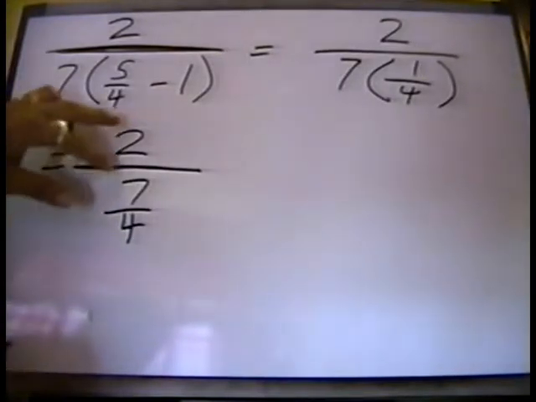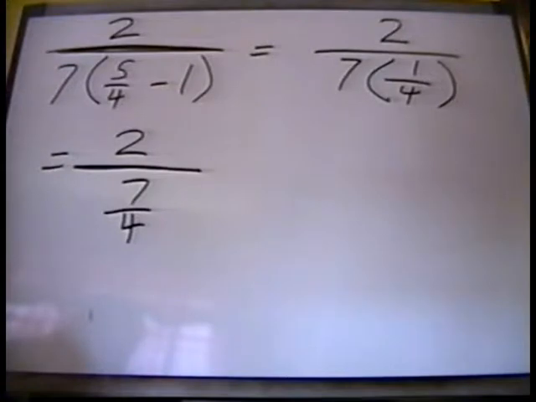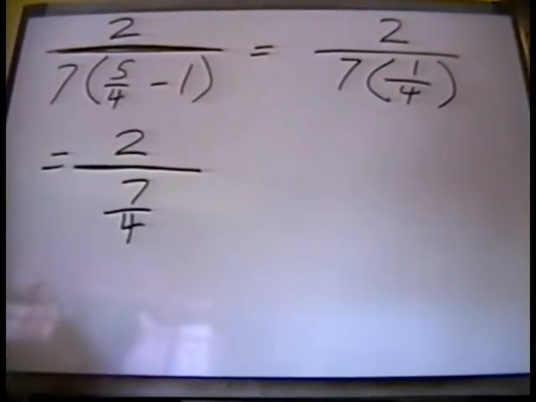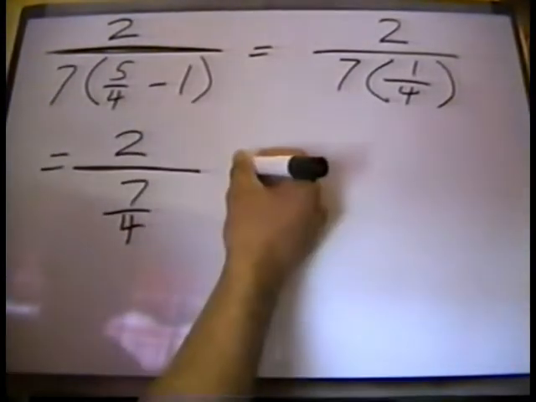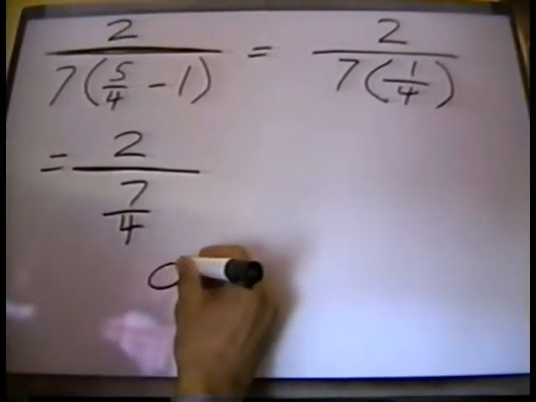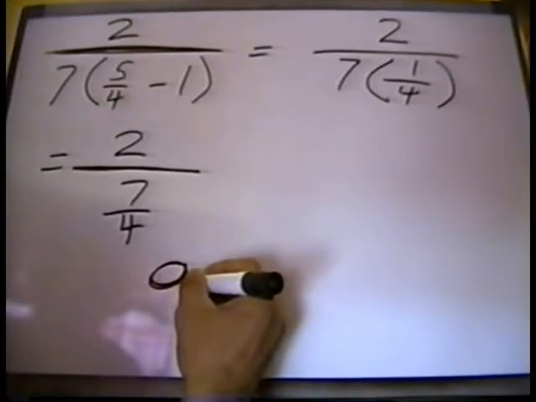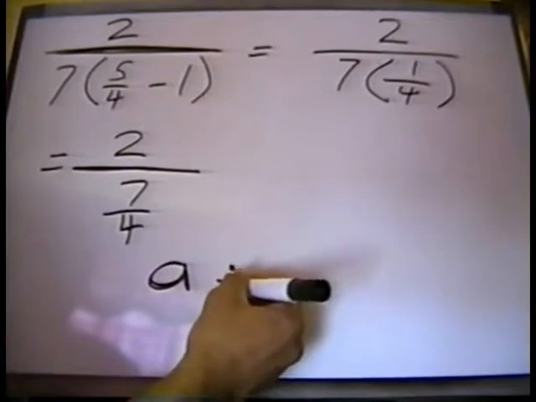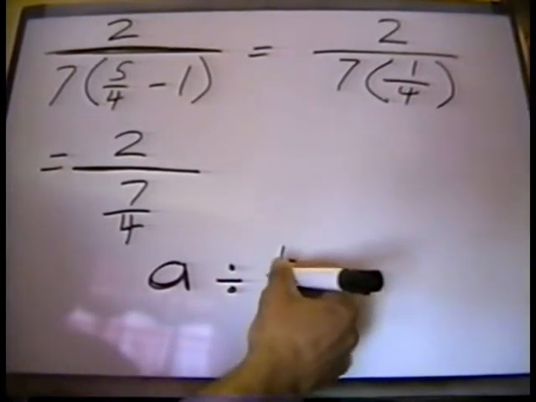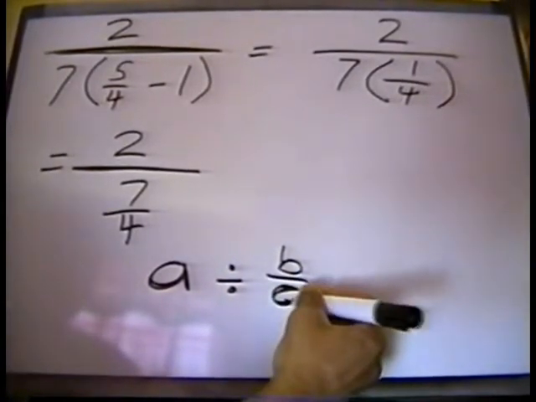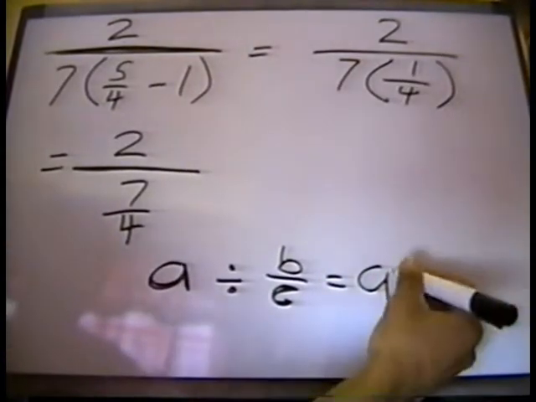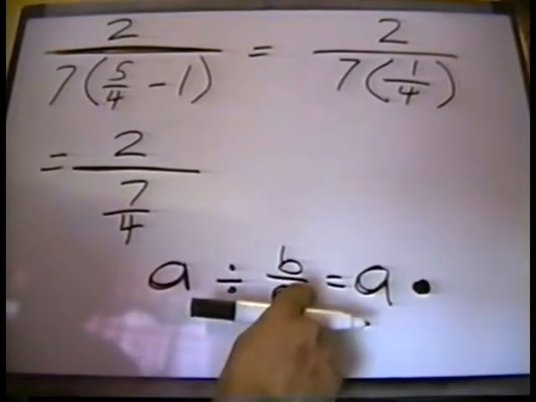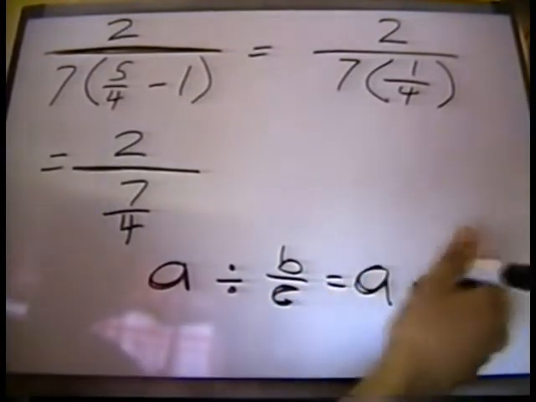First, if you have the number in this form, you saw the last video, when I talked about fractions, I told you, anytime you're dividing by a fraction, that's the same as multiplying by the reciprocal of that.